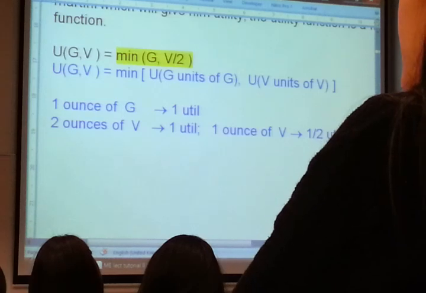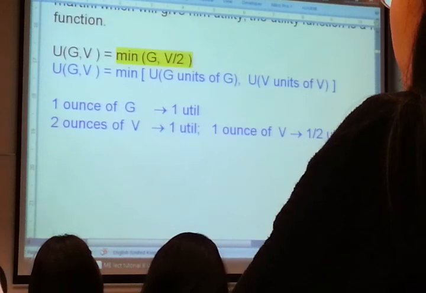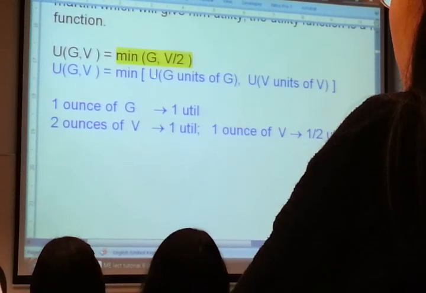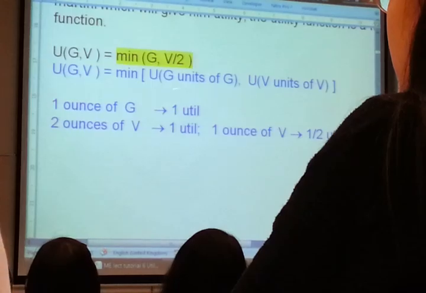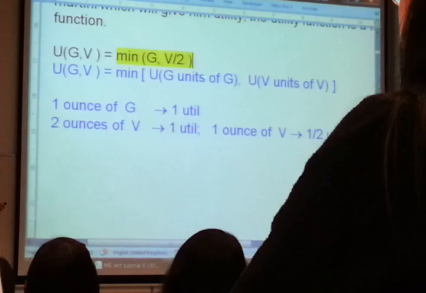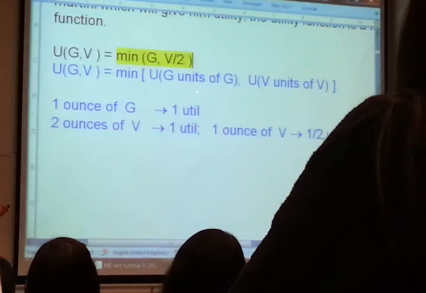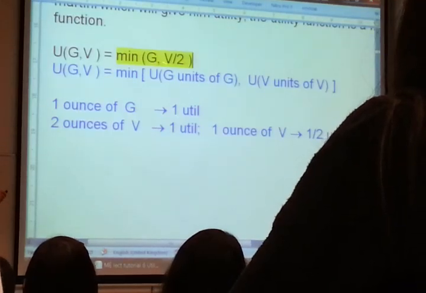So the utility from G units of G: we know one G gives one martini and one unit of utility, right? Therefore G units of G give how many units of utility? G times 1 is called G units of utility.